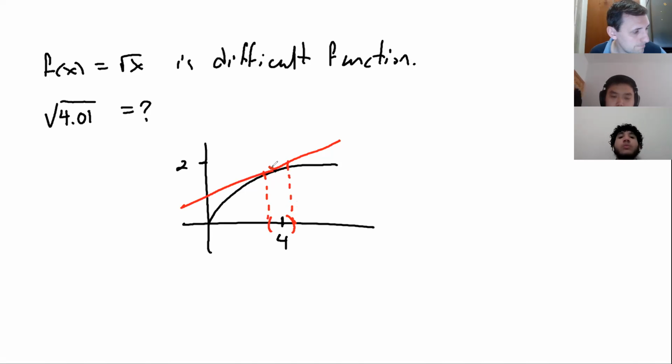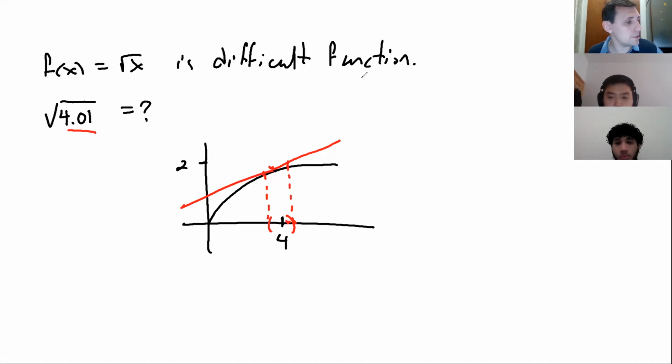Somewhere over here is 4.001. And if we zoom in close enough, exactly, the stunt double is the tangent line that you're going to see, right?